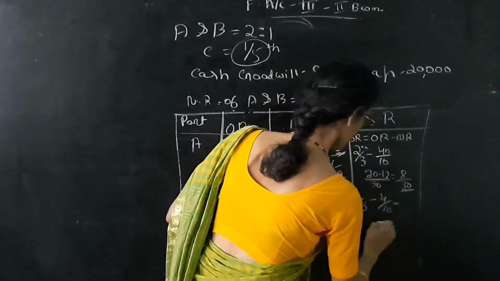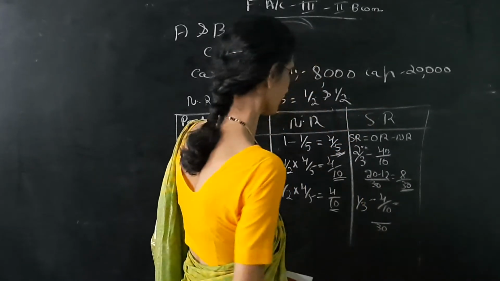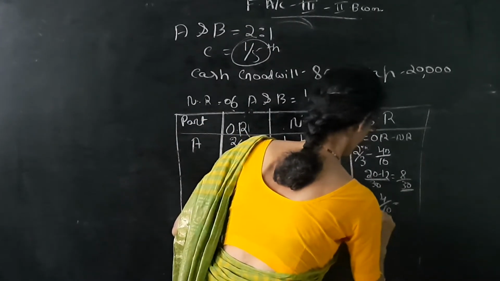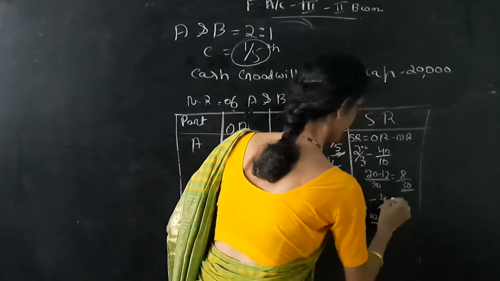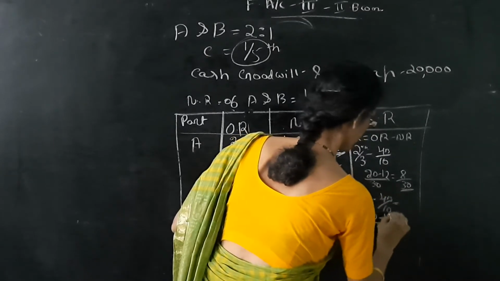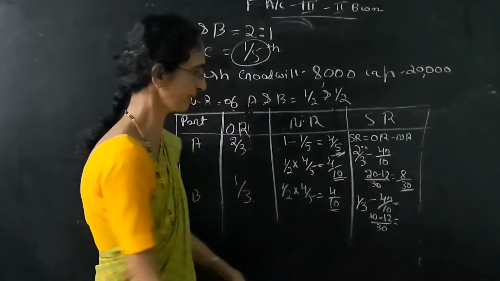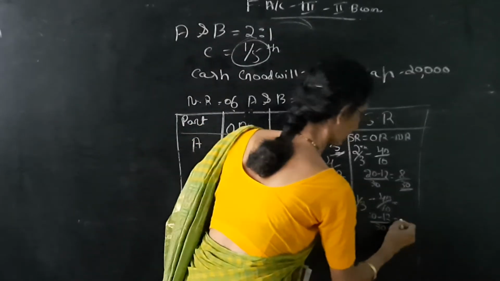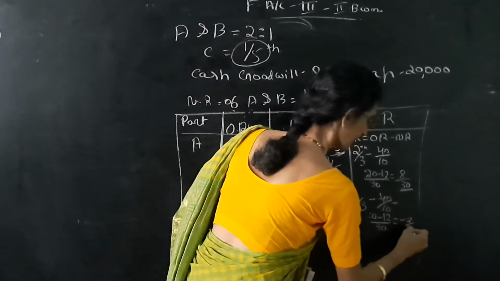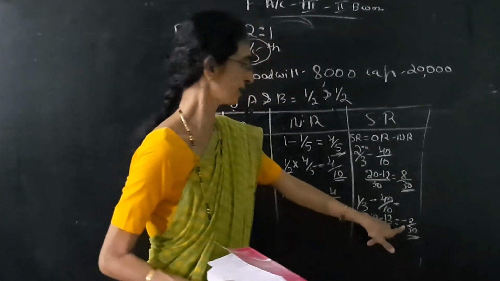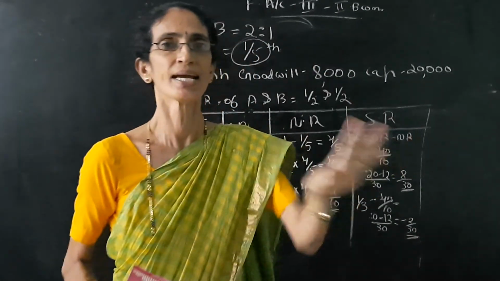Common denominator is 30. So it is 10 minus 12, which means minus 2 by 30. See here, it is important. Minus means he is not at all sacrificing anything.